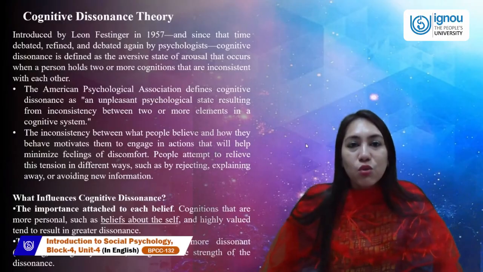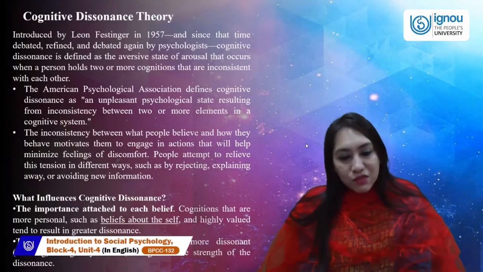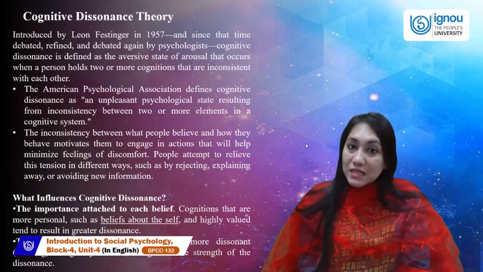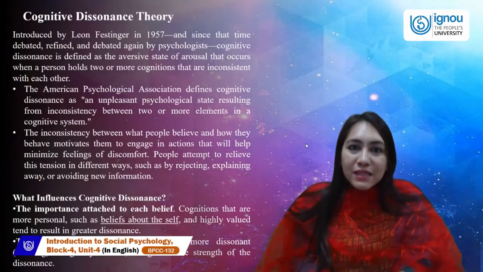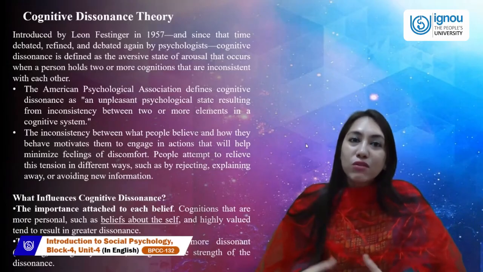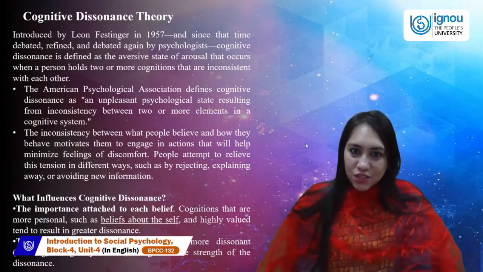It's a belief that you hold about the self, and it's highly valued. The more dissonant beliefs and thoughts you have, the greater the strength of dissonance. If the cognition you hold has multiple dissonant belief systems, the more cognitive dissonance that attitude will have, and the more aversion and unpleasantness you will experience.